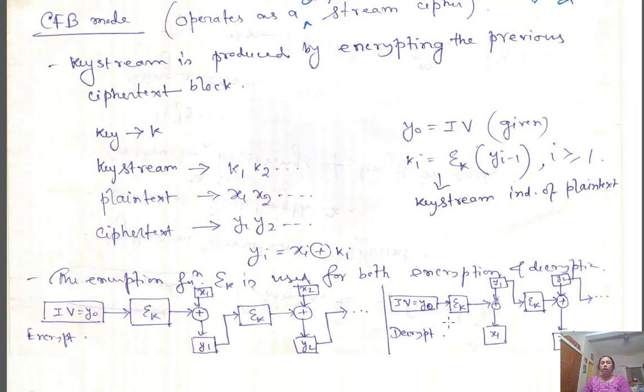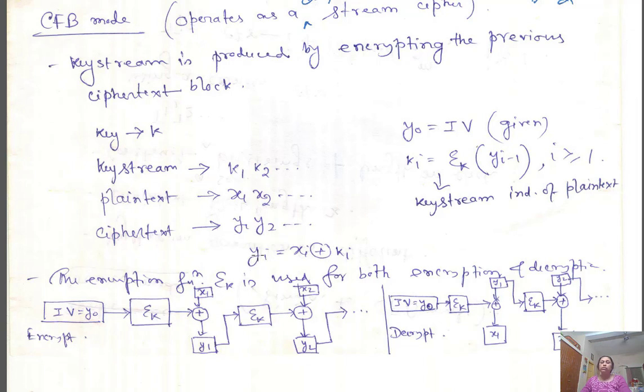Decryption also works from the key stream. You have your Y0 at hand, you encrypt it, you get K1. When you get K1, you XOR with Y1. When you decrypt, you have the ciphertext Y1, Y2, Yn.